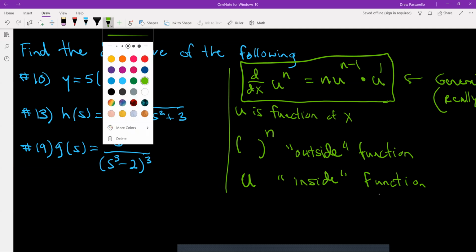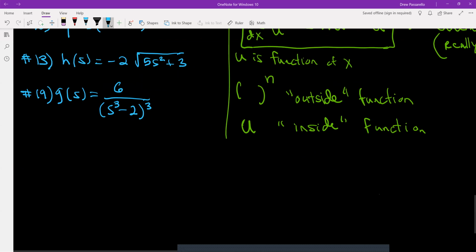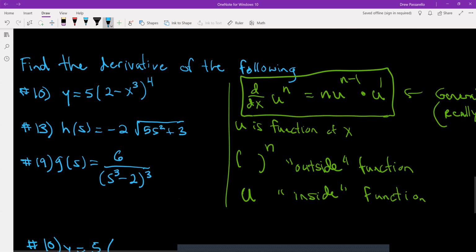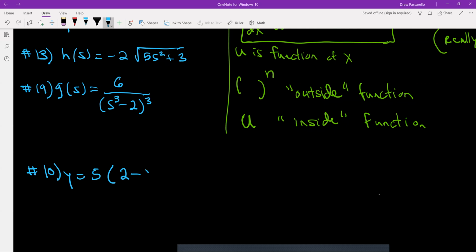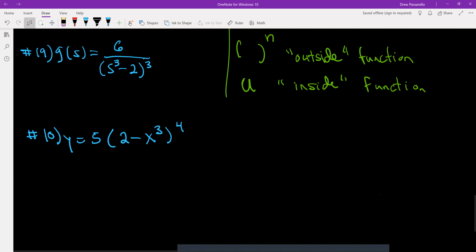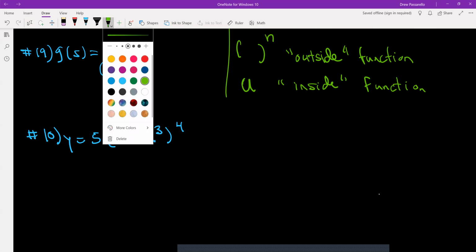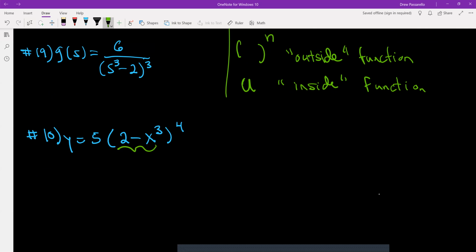All right, so number 10. If I were going to find the derivative of this, note that you pretty much can factor the 5 out and then focus on finding the derivative of 2 minus x cubed to the 4th power. And so my u in this case is what's in parentheses. So this is going to be u.